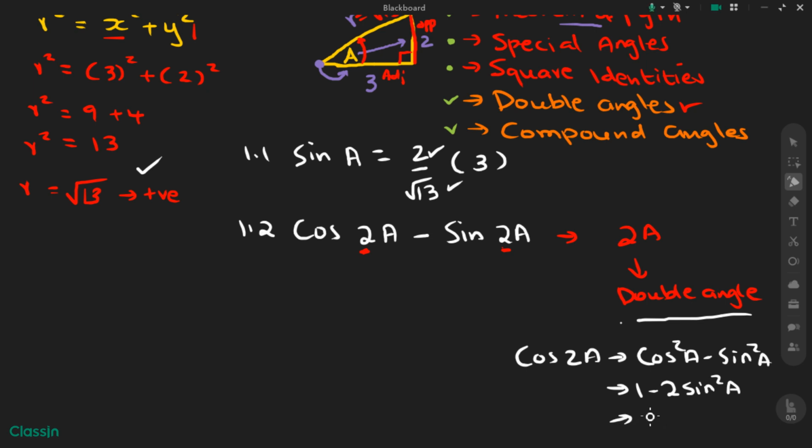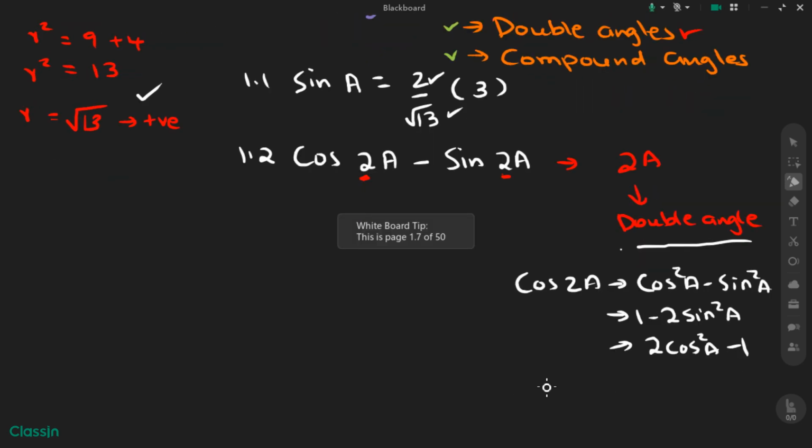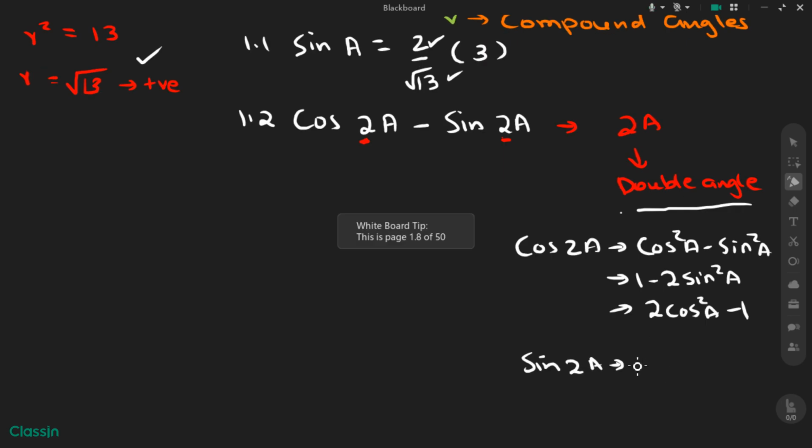Or you can write it as 2 cos squared a minus 1. This is how you can write your cos. But sine 2a has got only one option, which is 2 sine a cos a.